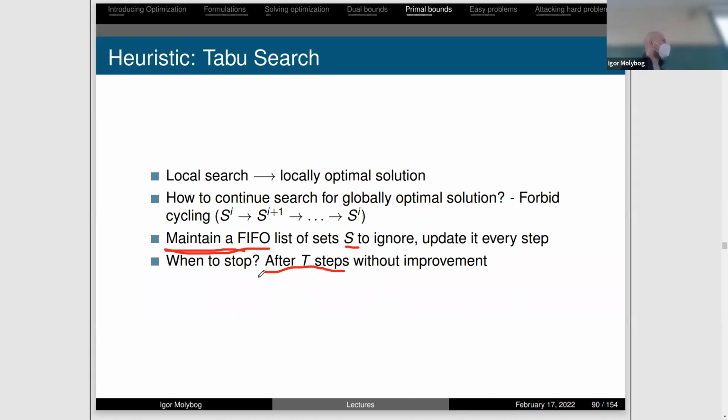So we will stop after exactly T iterations without improvement. If we have made T steps and there is nothing better than what we have found already, we will just terminate our algorithm and say that what we have found is good enough. Sounds good?